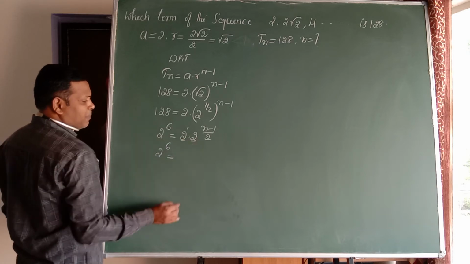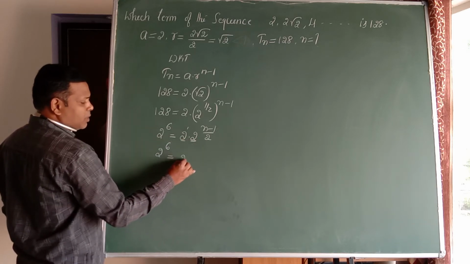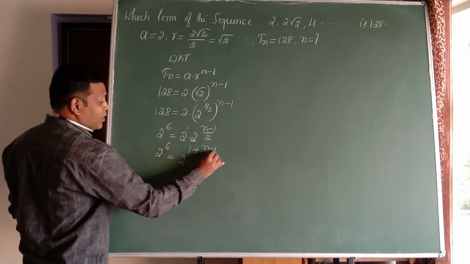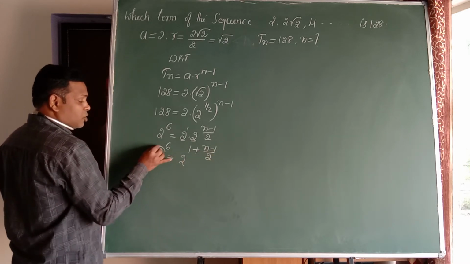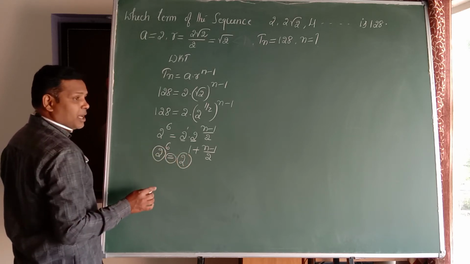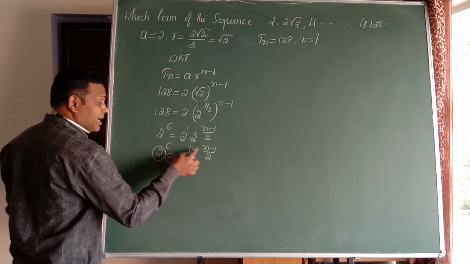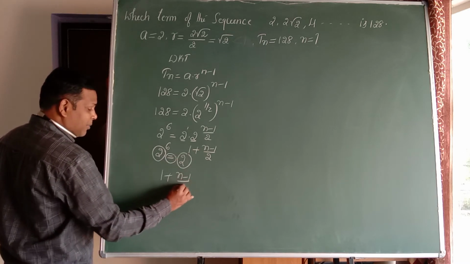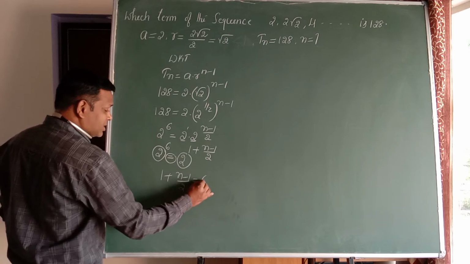That is equal to 2 into 2 power half into n minus 1, which is n minus 1 by 2. Look here, the power of 2 is 1. When bases are same, powers can be added. This becomes 2 power 1 plus n minus 1 divided by 2. Here also base is 2, here also base is 2, and these two terms are equal, therefore respective powers are equal. That means 1 plus n minus 1 divided by 2 is equal to 6.